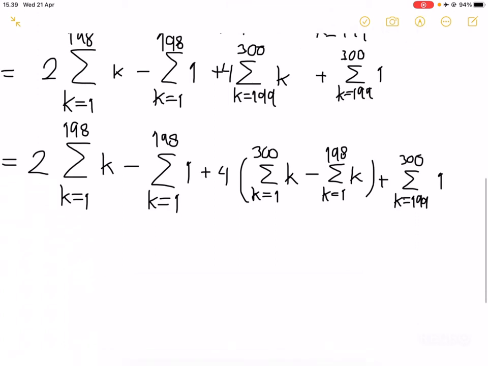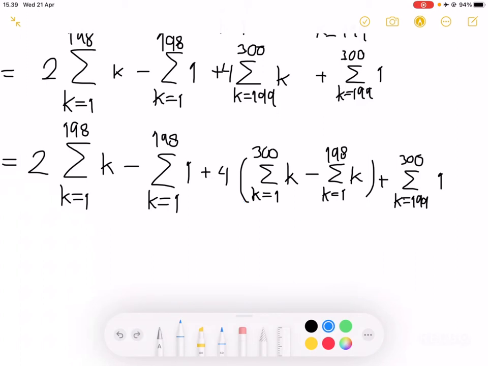So notice that this term has changed, and if you want to deform this back to this part, you end up with the same result, since the k equals 1 to 198 terms will cancel, leaving us with a bound of 199 in this case, since the 199 will cancel with one of these. So that's the trick behind that.